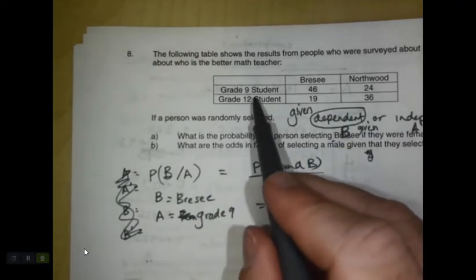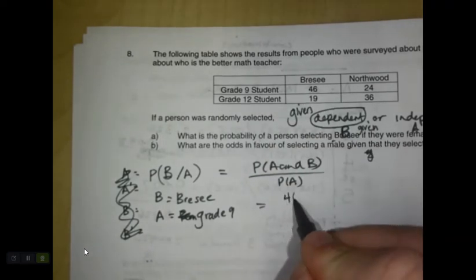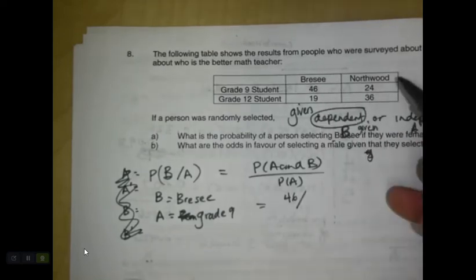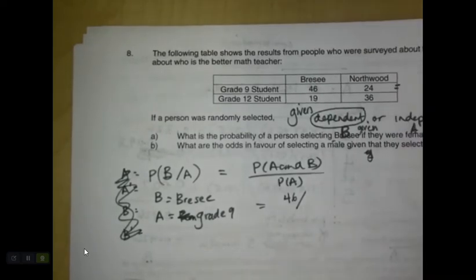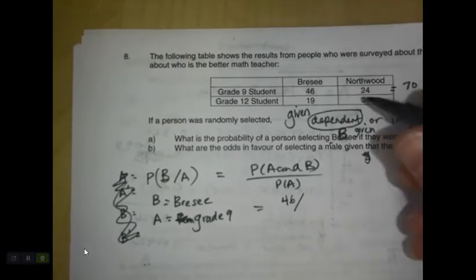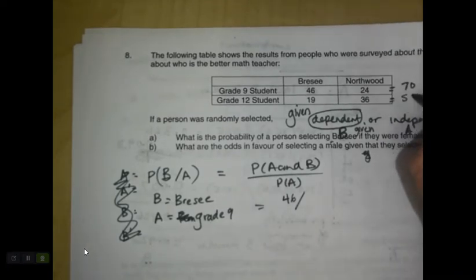And then I look. Well, how many pick female and grade 9s in Brazil? Well, that's 46. Out of, oh crap, I got to figure this out. So I got to add up these scenarios. So I got to do 46 plus 24, which is 70, 19 plus 36 is 55.